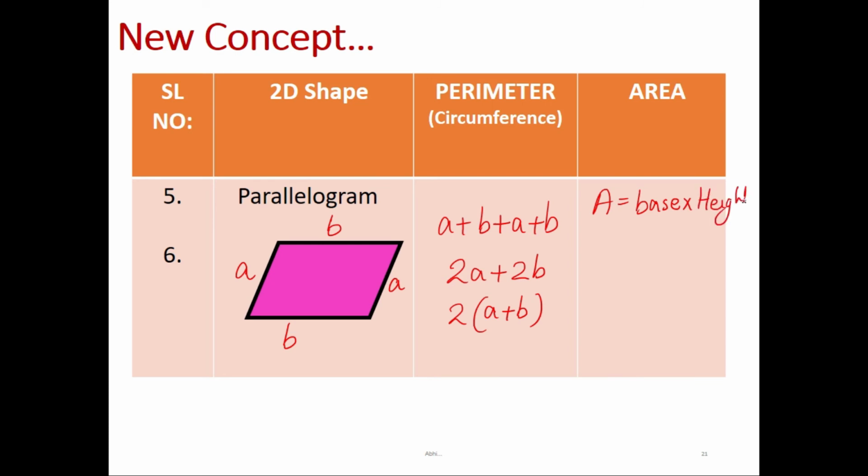Remember, height is the perpendicular distance between the parallel lines. And the second formula that we have learned is area is equal to A times B times sine C, where C is the sandwich angle between the sides of length A and B. Let me just mark it here.